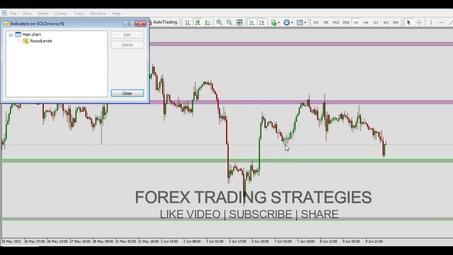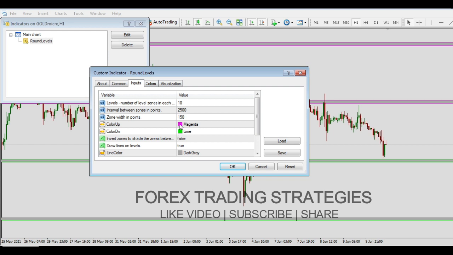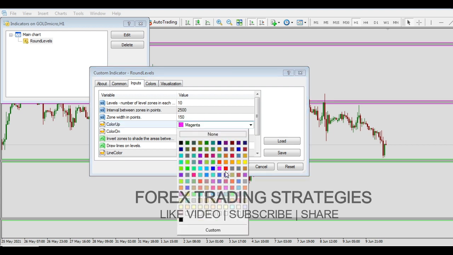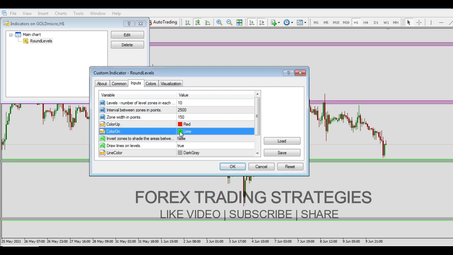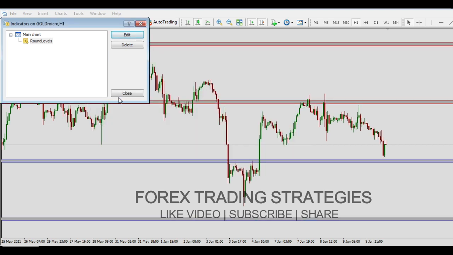And with this indicator, you can also set the lines, the colors that you want. This will be to denote your supply area or your resistance area, your demand or your support area. Or did I mix them up? But you get the picture.